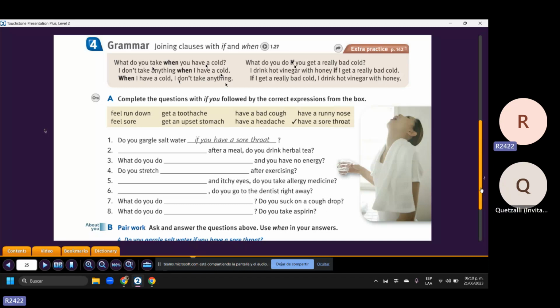Okay, yeah, maybe it's a good option. The other is like tired too. Run down, feel run down, tired. When you feel sad too, is a good option too. And you have no energy.